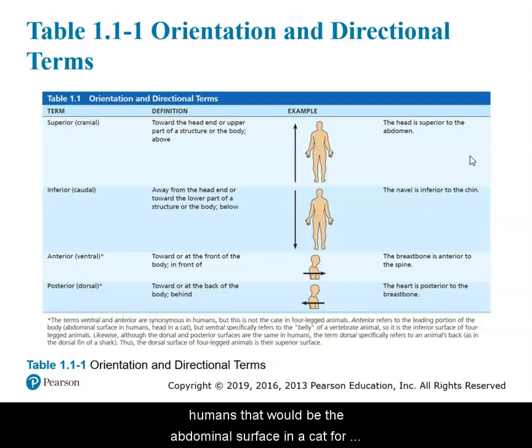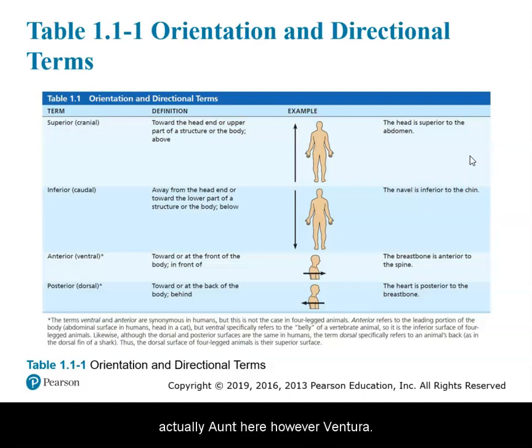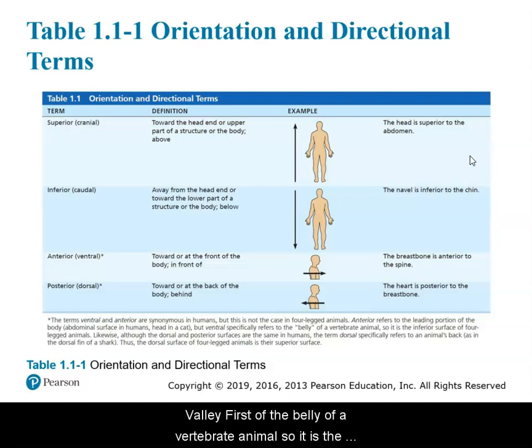In humans, that would be the abdominal surface. In a cat, for example, it would be the head, so the head of a cat is actually anterior. However, ventral, when we're talking about animals, refers to the belly of a vertebrate animal, so it is the inferior surface of a four-legged animal.